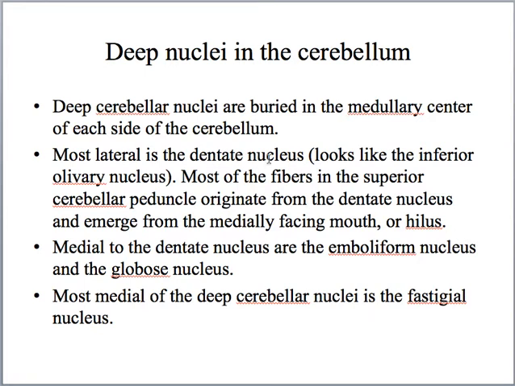The dentate nucleus is one of these deep nuclei in the cerebellum. The next is the emboliform, the globose nucleus, and lastly the fastigial. I just want you to remember the names, not necessarily where they're projecting to.